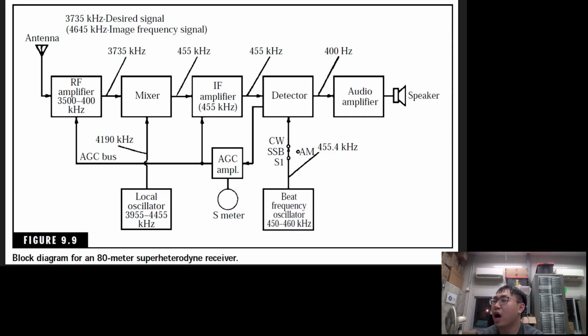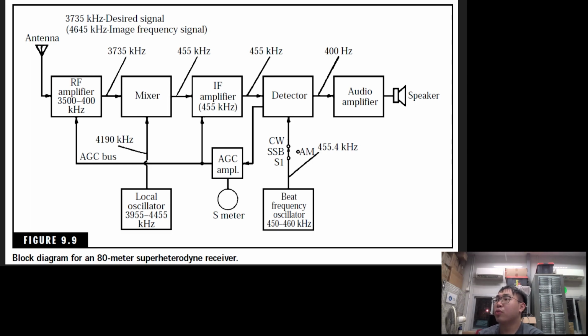For the RF, radio frequency, you can add your amplifier or not. But never mind, the antenna and the RF amplifier we can combine and treat as one component. The input goes through the mixer and the local oscillator, and we have to guarantee 455 kilohertz at the intermediate frequency.